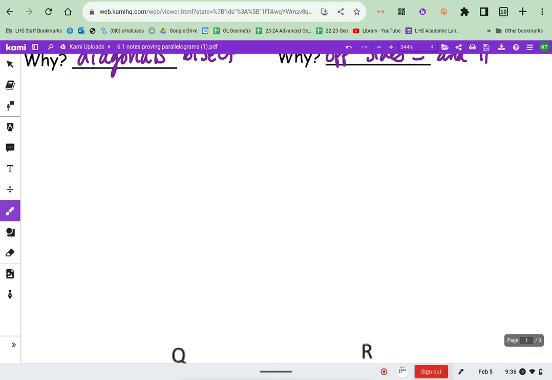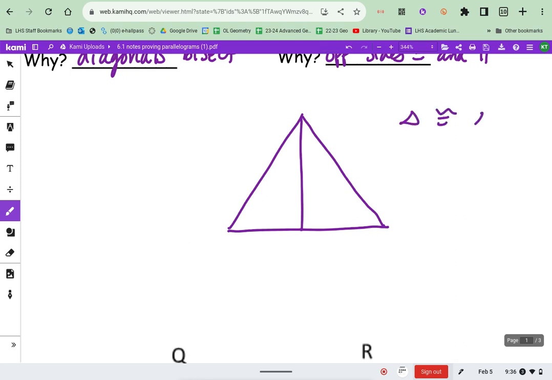Well, remember that in triangles, let's say we just proved that the triangle on the left and the triangle on the right in my little picture here are congruent. So remember that after you prove that two triangles are congruent, it makes sense that each angle has a matching angle that's also congruent, right? And that each side is congruent to another side in the other triangle.